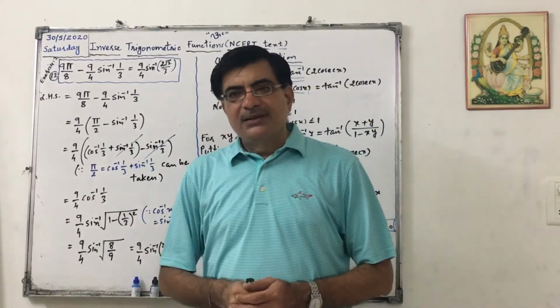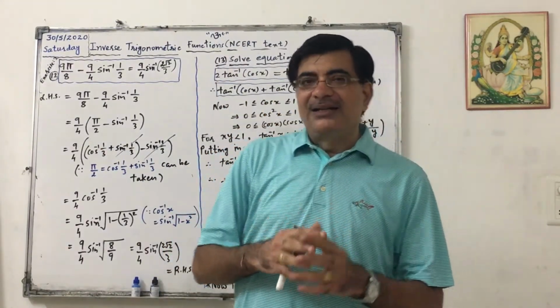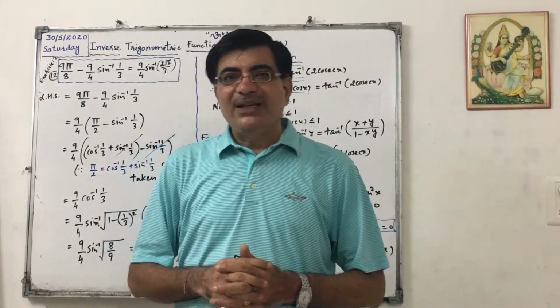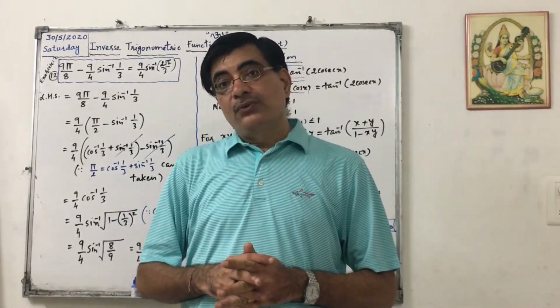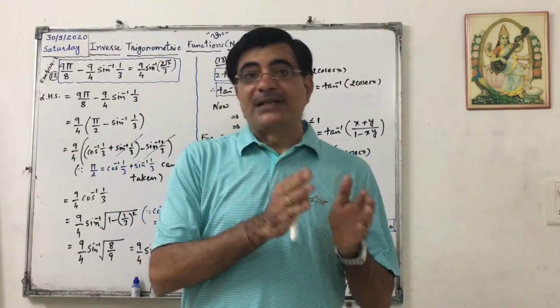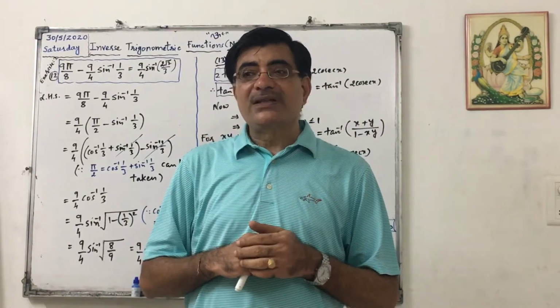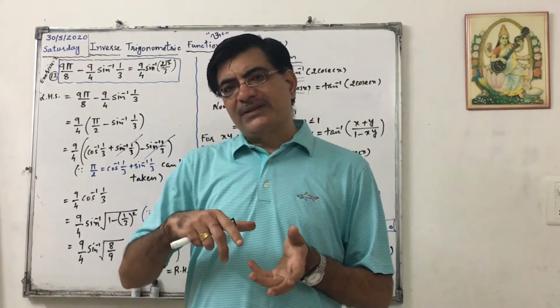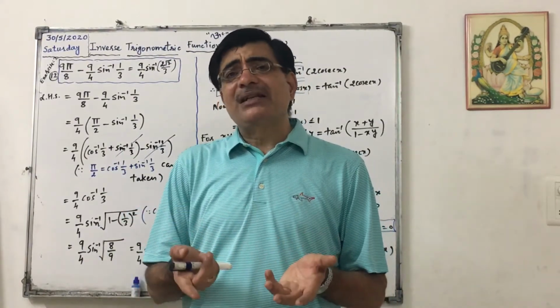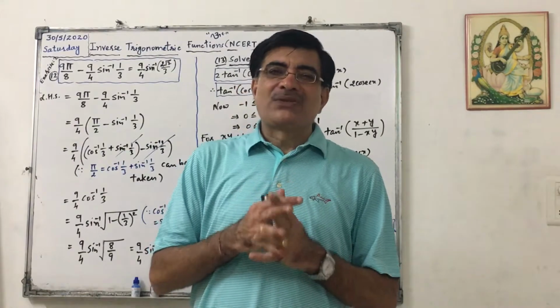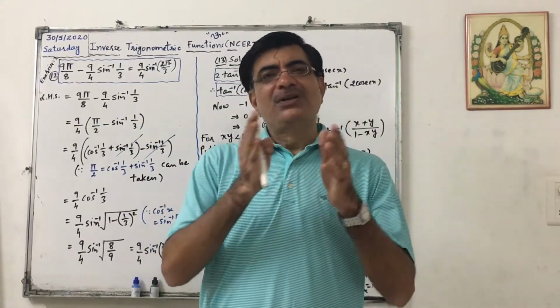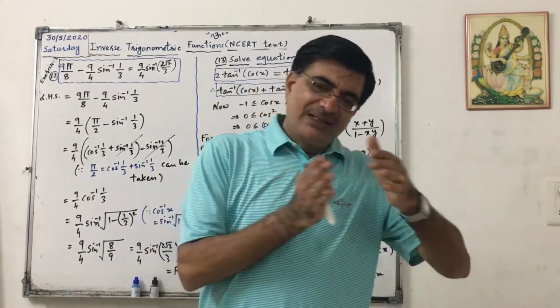It is valid, but it is not the standard method actually. Try to prove from left hand side to right hand side. That is the classical method, because if they wanted to ask the vice versa, they would have given it like that. So we will prove from LHS to RHS, left hand side to right hand side.